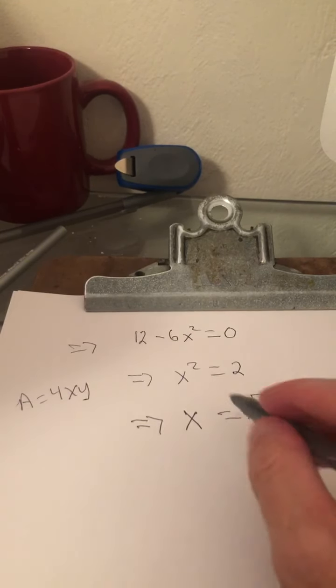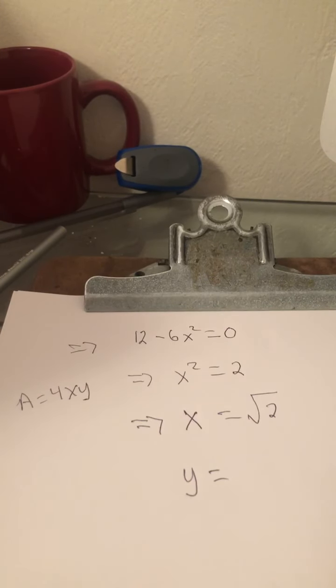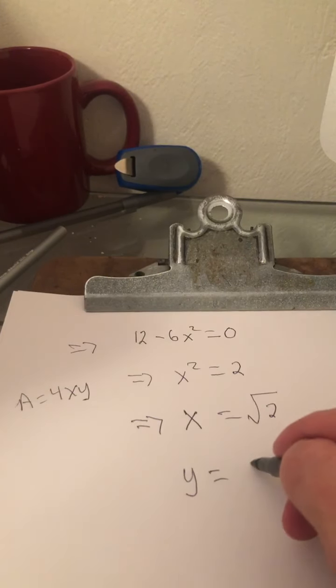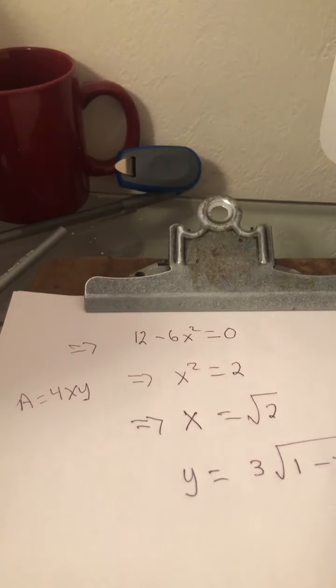And then if that's the case, we can find y. Recall that y is 3 times the square root of 1 minus x squared over 4.